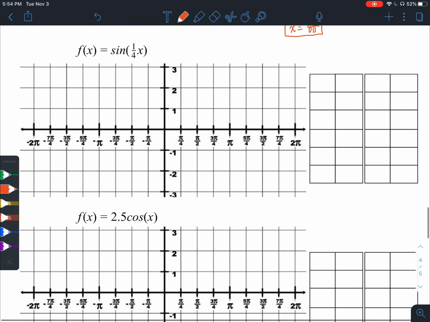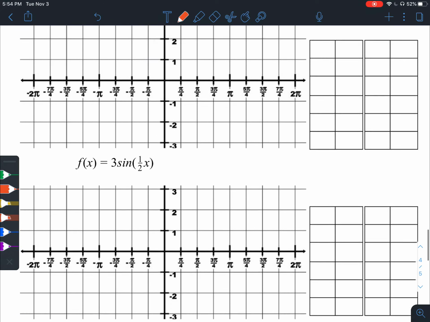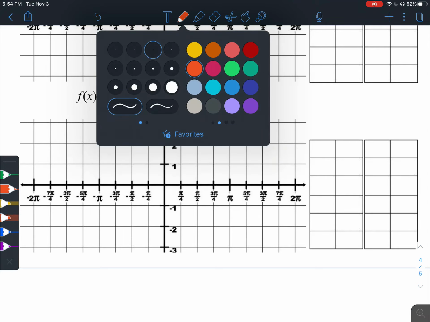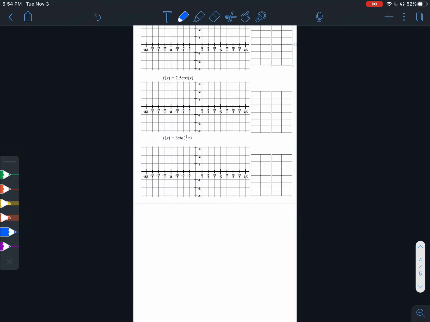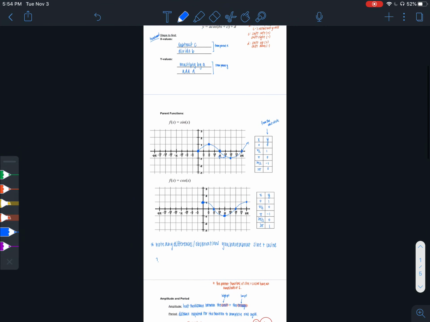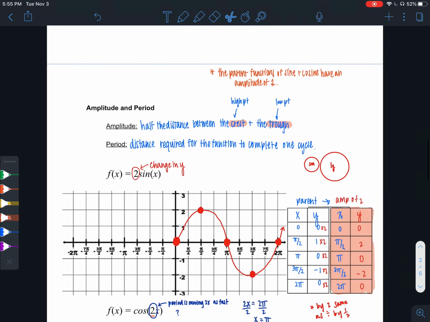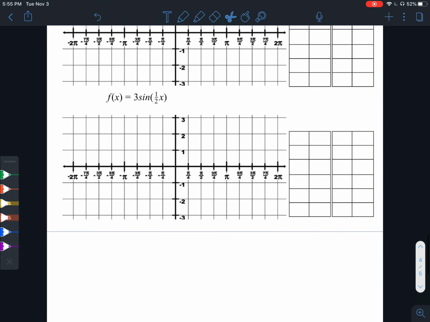Okay, let's do this last example here where we have a change in both. So we've got sine. I'm going to copy and paste the parent function just like I did before, to prove my point that it's the exact same.